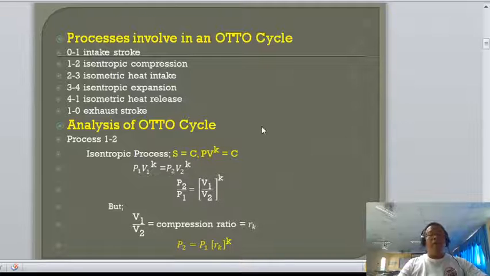Okay, so let us now go to the analysis of the Otto cycle.